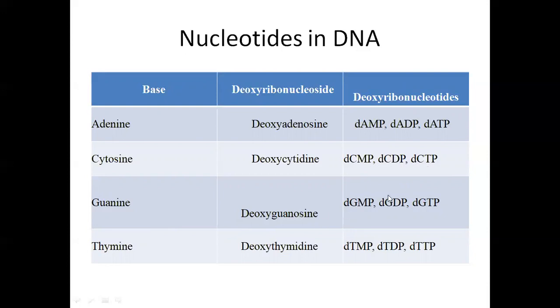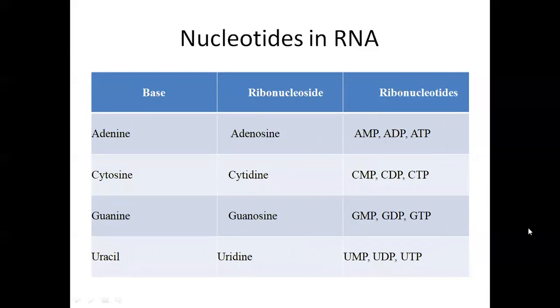You can give the names deoxyguanosine monophosphate, deoxyguanosine triphosphate, like that. Thymine is present only in DNA, you know. In RNA, thymine is absent. So deoxythymidine is a nucleoside. Coming to the nucleotide, deoxythymidine monophosphate, deoxythymidine diphosphate, like that.